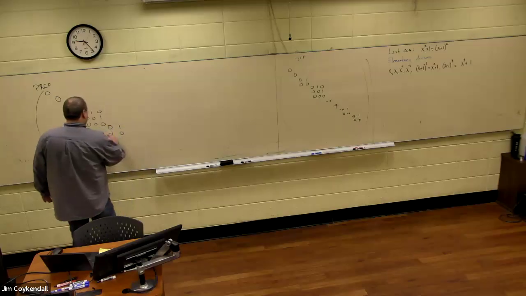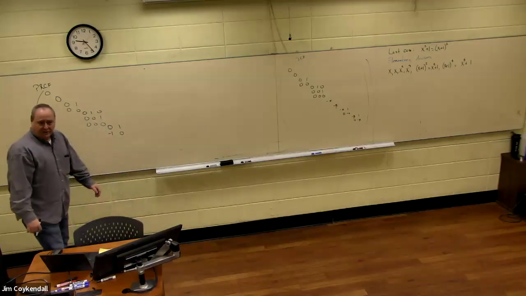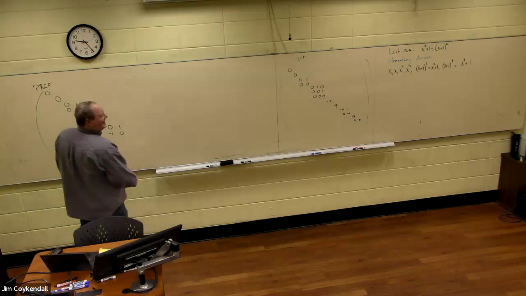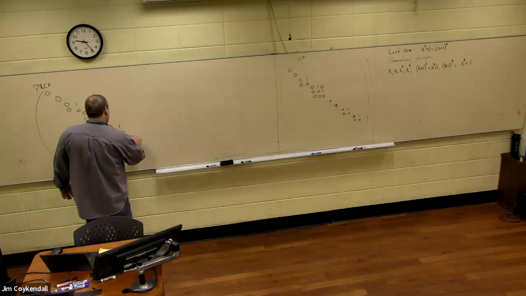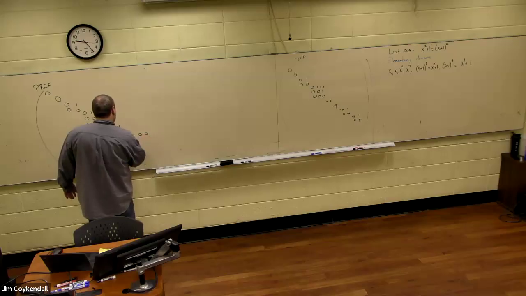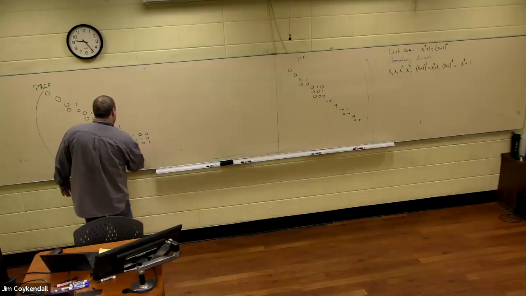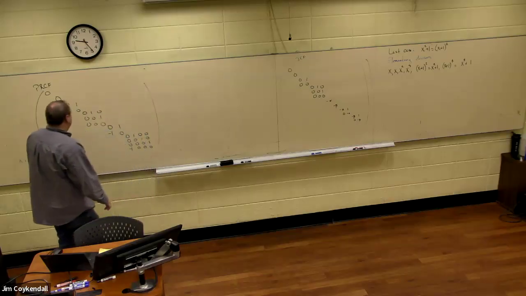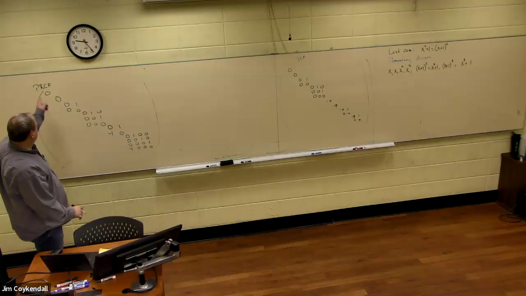Maybe that'll avoid some confusion, but -1 and 1 are the same in this characteristic. And for the last one, I get a 4 block, I guess, which is 0, 1, 0, 0, 0, 0, 1, 0, 0, 0, 1, and -1, which again can be 1, like that. So there's your primary rational canonical form.